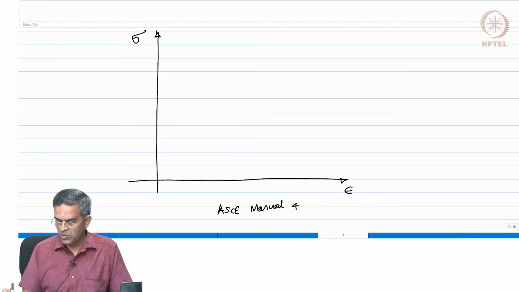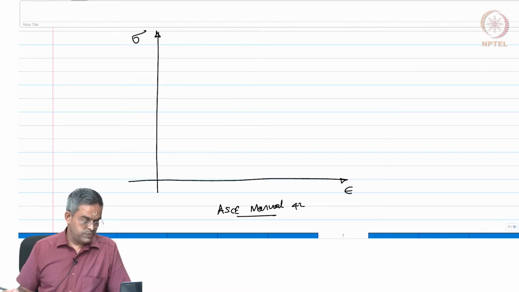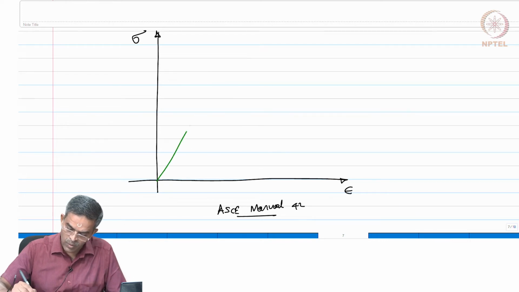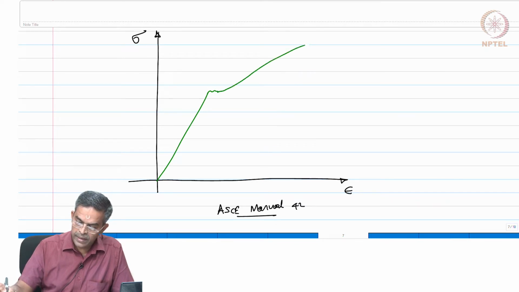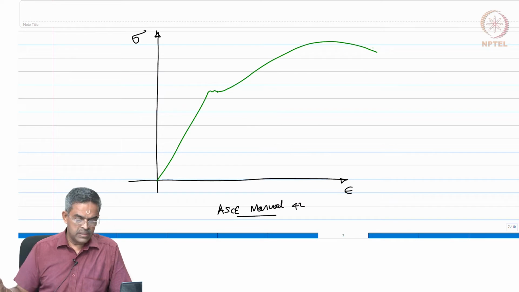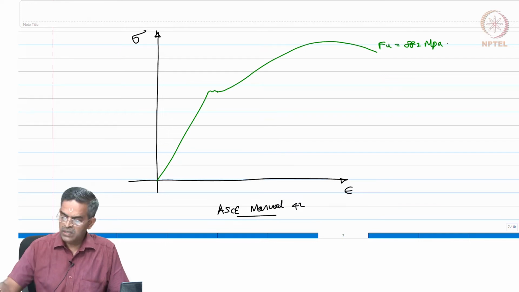I am just reproducing that here. It shows the initial slope with a small kink, and this is FU 882 megapascal steel, called rail steel.